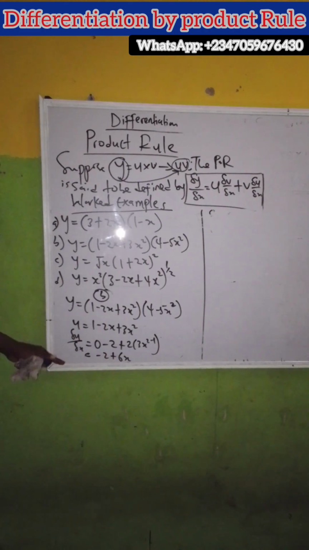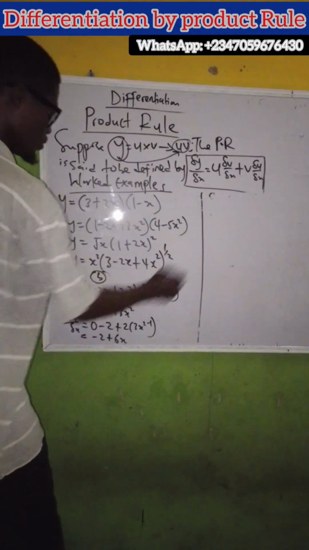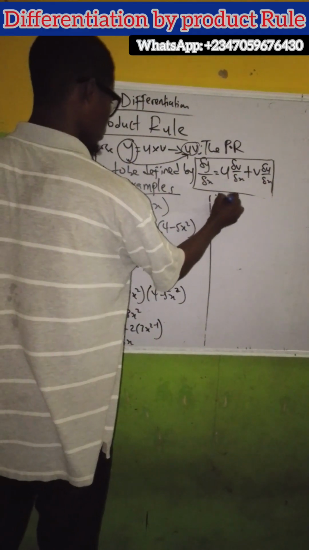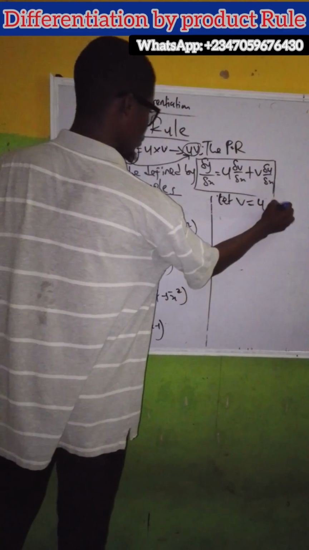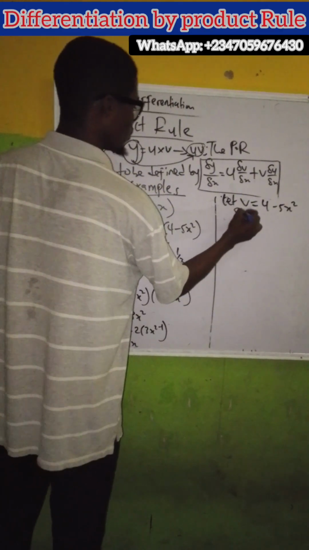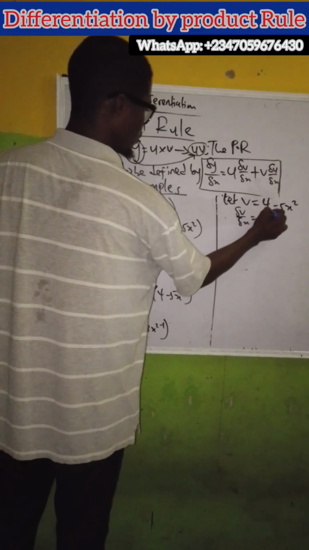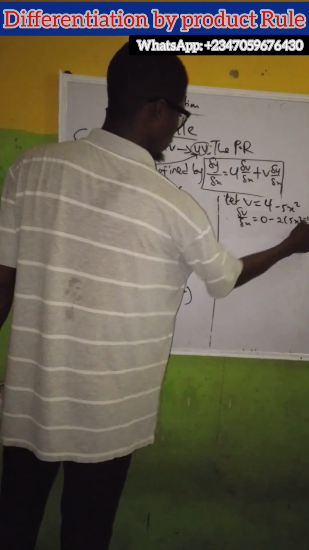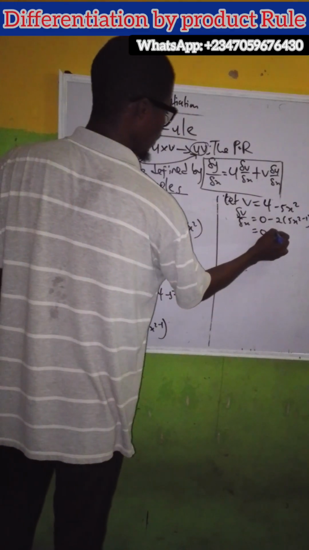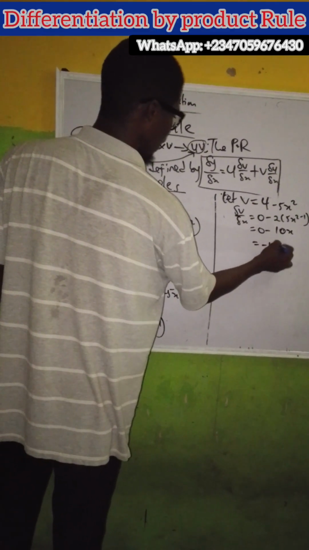So we have been able to differentiate this to give us this. Now let v equal the second bracket, 4 minus 5x squared. So dv over dx equals 0 minus 2 into 5x raised to power 2 minus 1, general rule, 0 minus 10x, that's minus 10x.